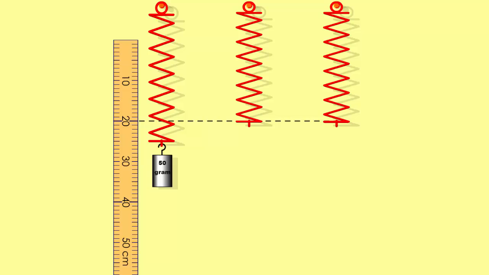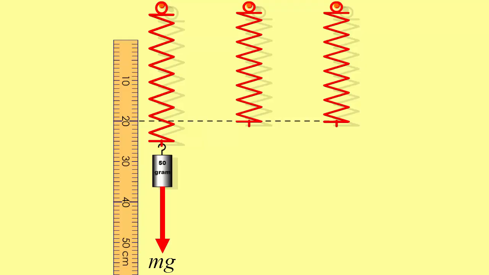So what is the net force acting on the mass? Because the 50 gram mass is stationary, there is no net acceleration. Therefore, there is no net force. That is, the sum of all of the forces acting on the mass is 0. We know that gravity acts on the mass and applies a force equal to the mass times the acceleration due to gravity.